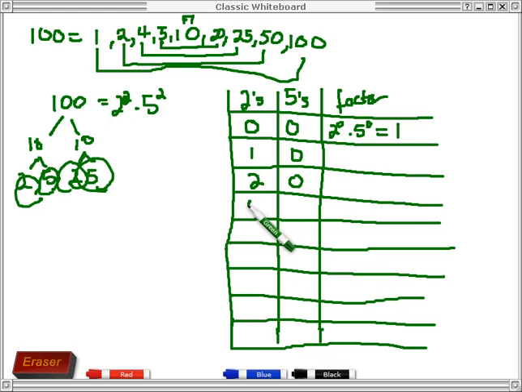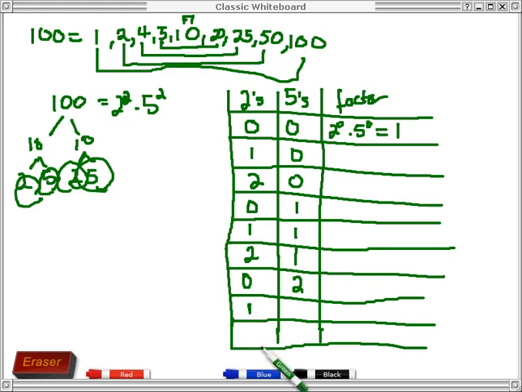And then when I do that, I reset the 2's back down to 0, and I increase the number of 5's to 1, and I go through all the possibilities of the number of 2's again, keeping the number of 5's equal to 1. Now all the possibilities for the number of 2's are 0, 1, and 2, but now I still have a possibility of having more 5's, and so I reset the number of 2's back down to 0, and I increase the number of 5's again because I could have as many as 2 different 5's, and if I just do the 0's and 1's, I'll miss the factors that have 2 5's in them, like 25 and 50 and 100.